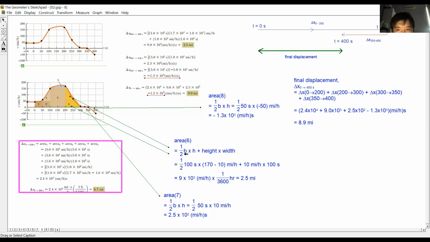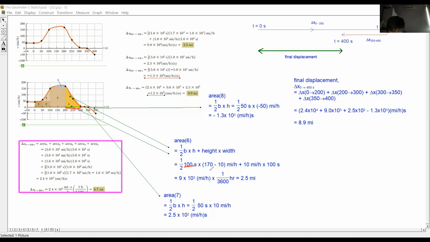Half the base is from 200 to 300. You subtract 300 minus 200, so we have 100. I better use another color. These 100 seconds come from this part here, the 100 seconds.